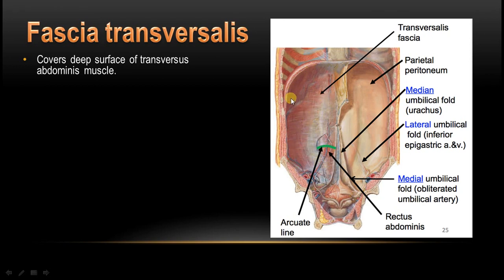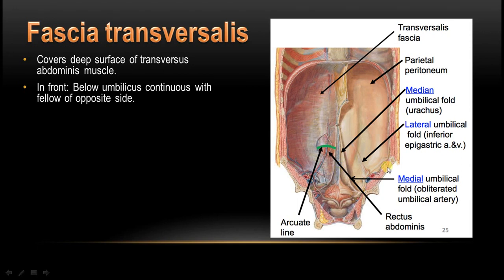Above, it is continuous with the fascia below the diaphragm, that is, the subdiaphragmatic fascia. Posteriorly, it merges with the fascia on the lateral border of the kidney, the renal fascia. So it is continuous with the renal fascia.